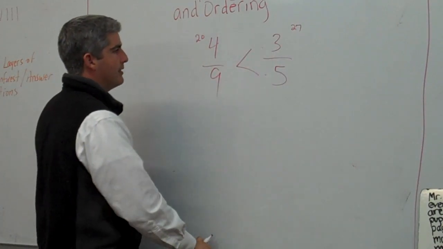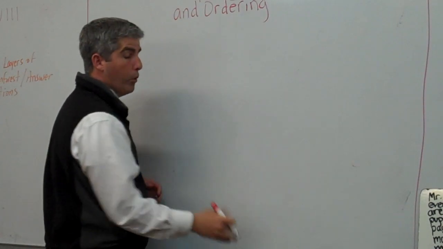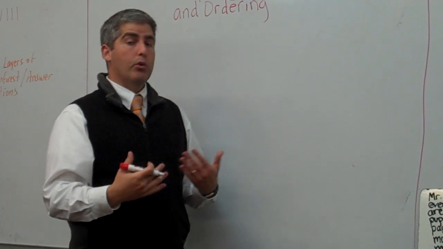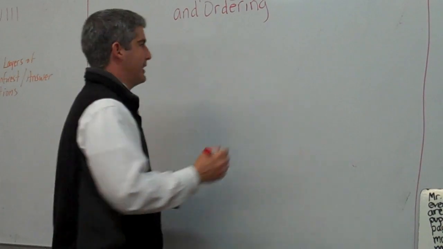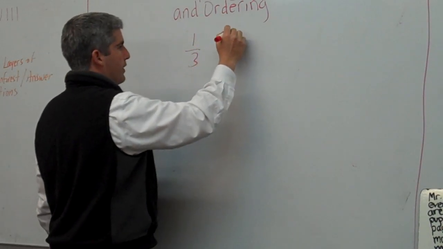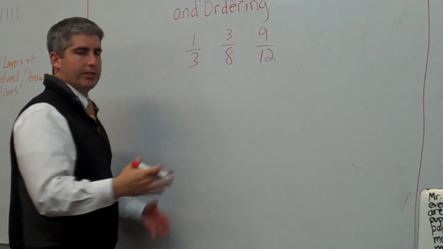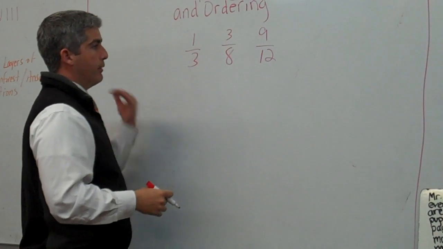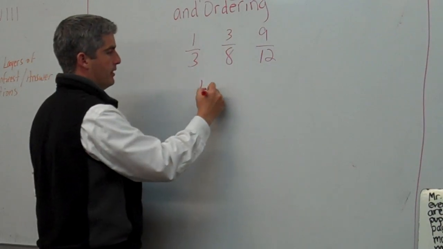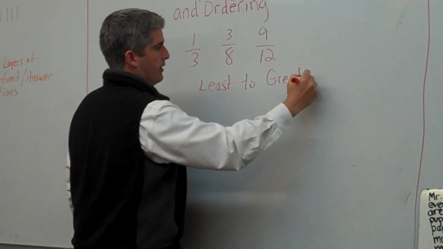Now we use these cross multiplying skills when we're ordering fractions. Ordering fractions from least to greatest or greatest to least. So let's say we have 1/3, 3/8, and 9/12. Let's just say we have these fractions. And we want to put them in order from least to greatest.